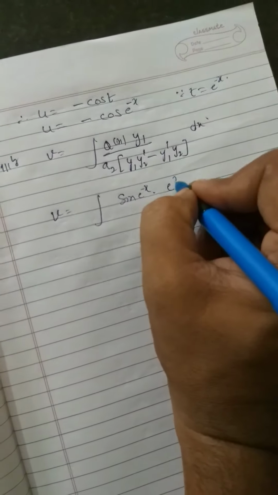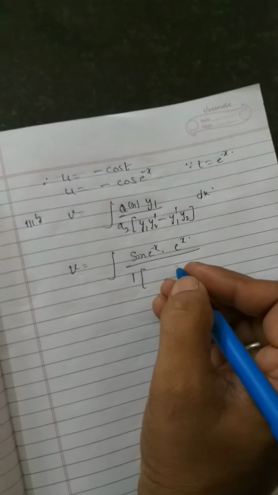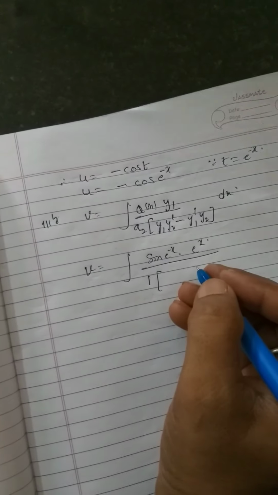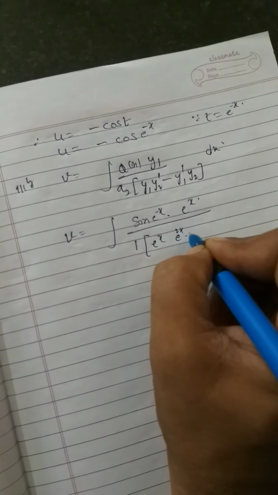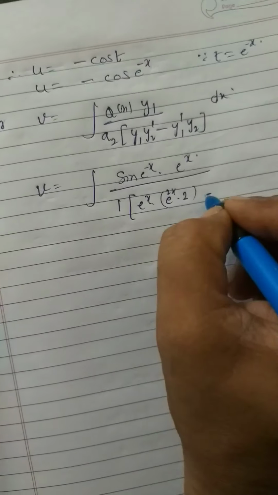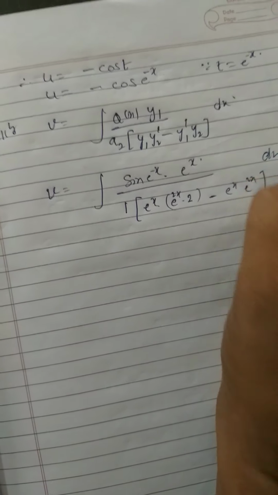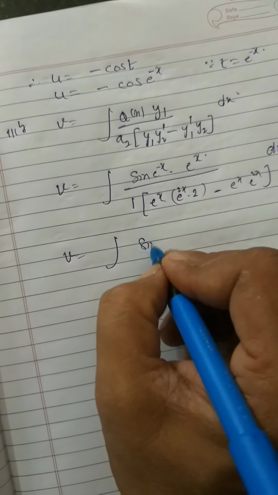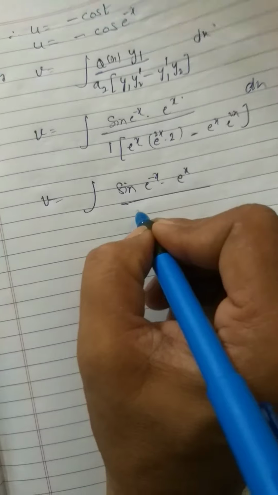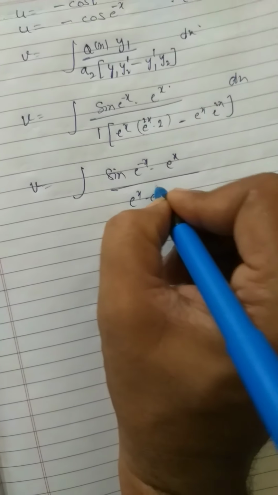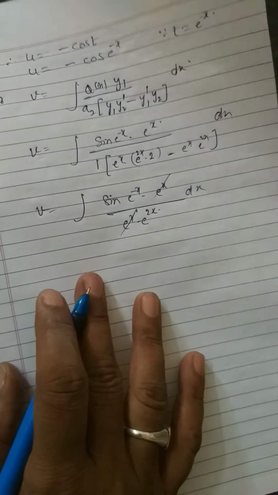Here y1 is e^x and y2' is 2e^(2x), minus e^x times e^(2x). If you simplify this, e^x times e^(2x), the e^x and e^x get cancelled.